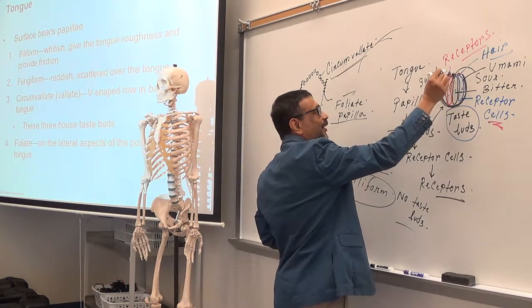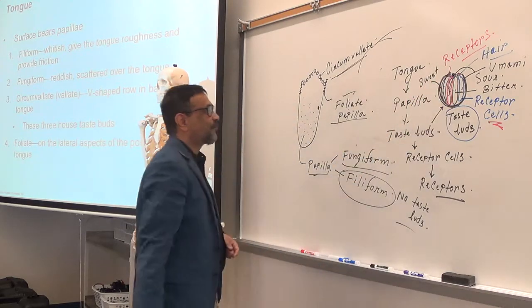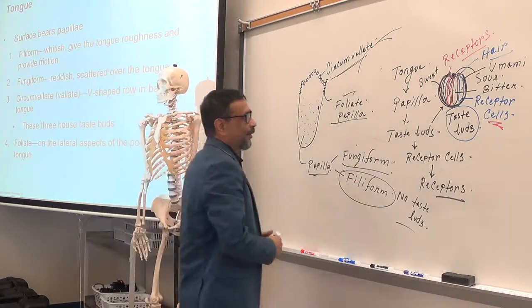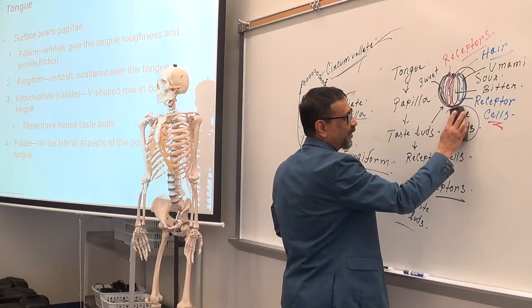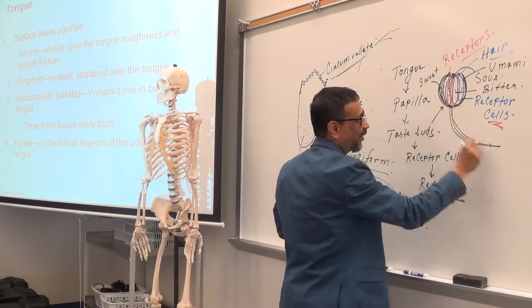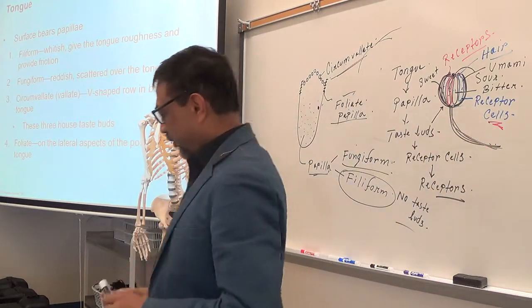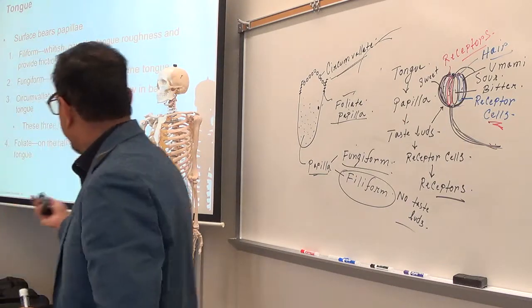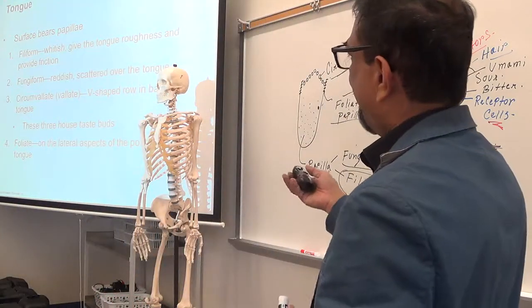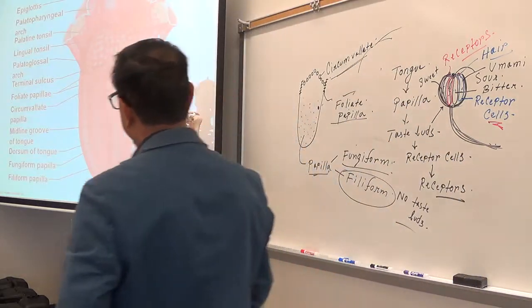Okay, so we'll activate that receptor cell. Okay, and then the signal from these receptor cells will be taken to the brain by the nerves. Okay, so those are the papilla and how the receptors are located inside the papilla.